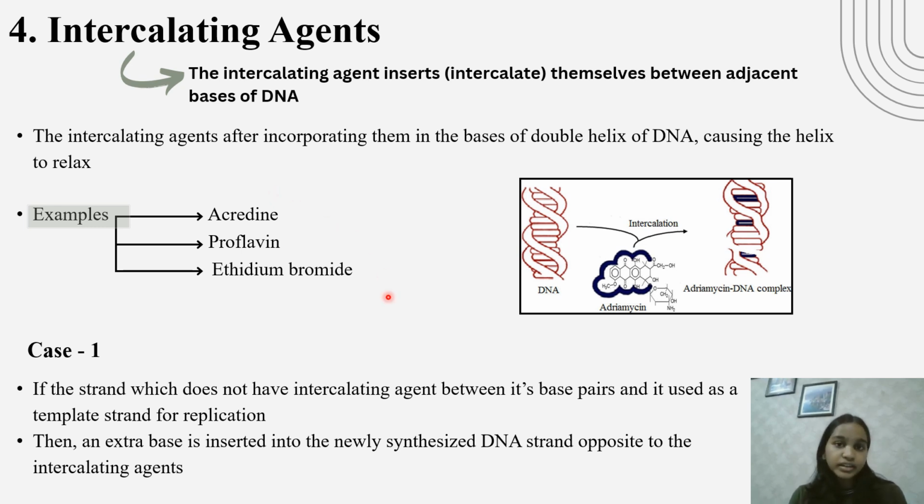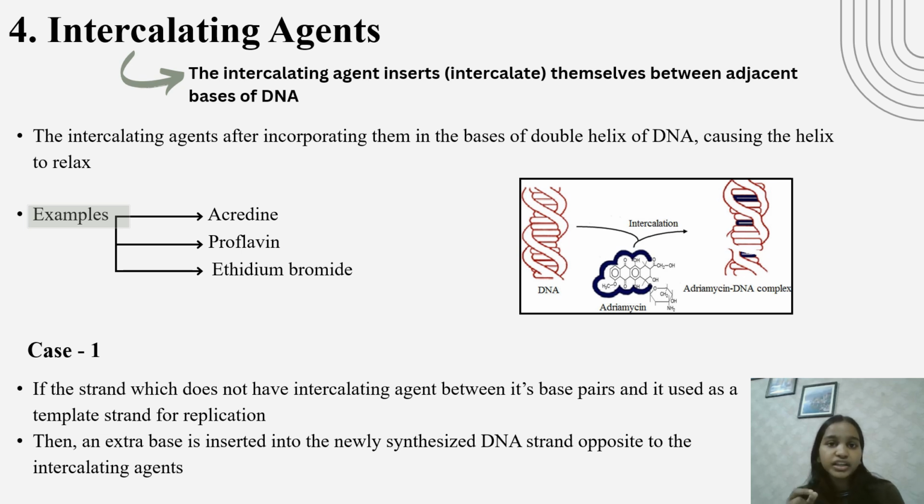There are two ways that can be used by intercalating agents to damage our DNA. First way, if the strand which does not have intercalating agents between its base pair is used as template strand during the replication process, then an extra base is inserted into newly synthesized DNA strand opposite to the intercalating agent.